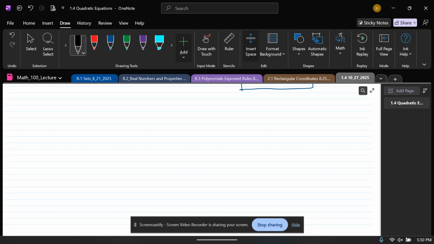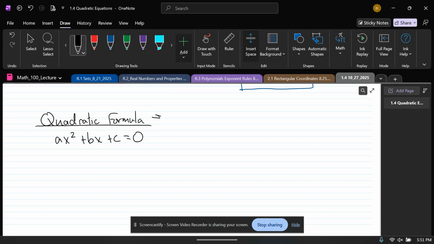Okay, so quadratic formula. Remember, a quadratic equation is written ax squared plus bx plus c is equal to 0. To use the quadratic formula, you've got to have it equal to 0 first.